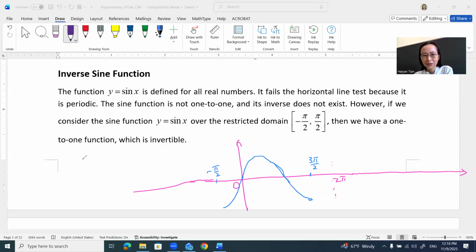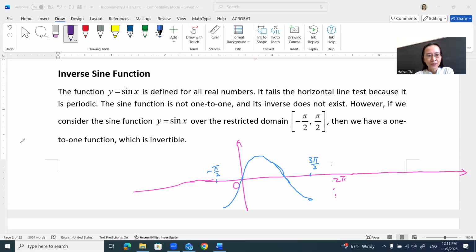If there exists at least one horizontal line that intersects the graph more than once, it is not one-to-one. If a function is strictly increasing or strictly decreasing, it has to be one-to-one.